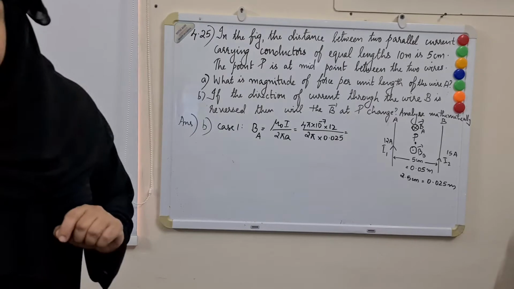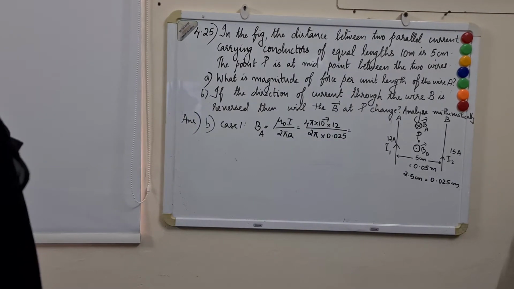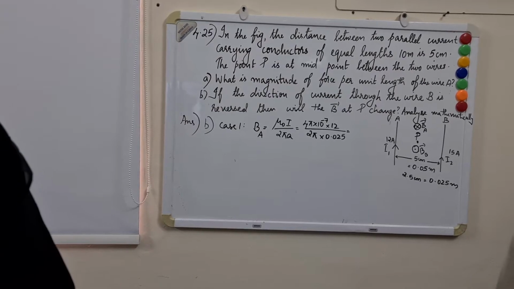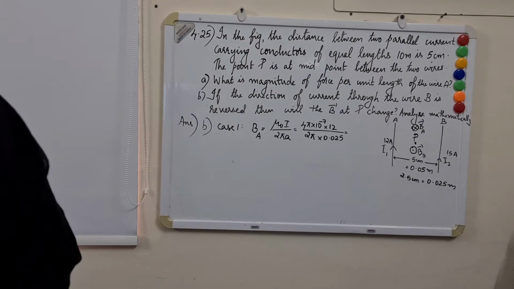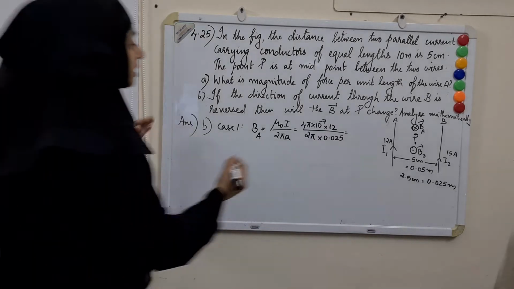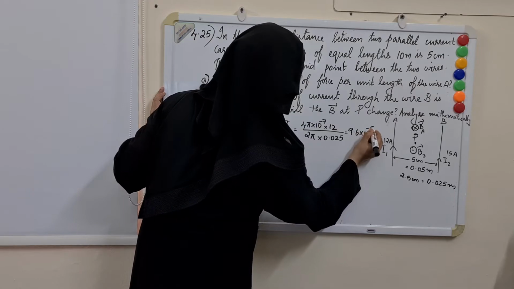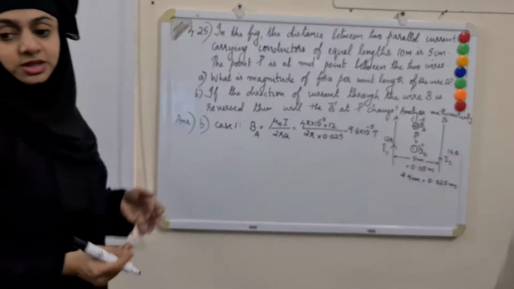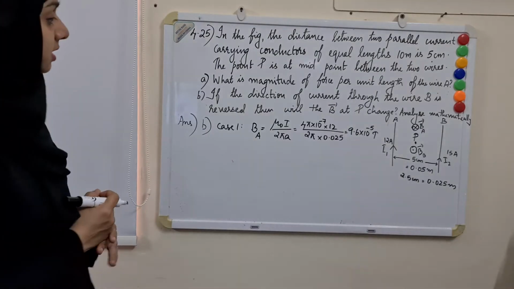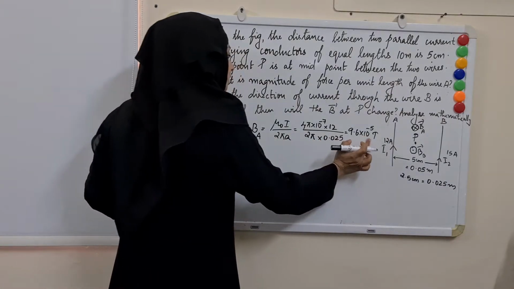Let me check. It is equal to 9.6 into 10 raised to minus 5 Tesla. You have to do the calculation yourself using a calculator. So this is the magnetic field due to A.